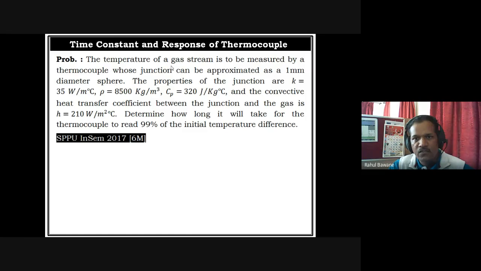The temperature of a gas stream is to be measured by a thermocouple whose junction can be approximated as a 1 mm diameter sphere.